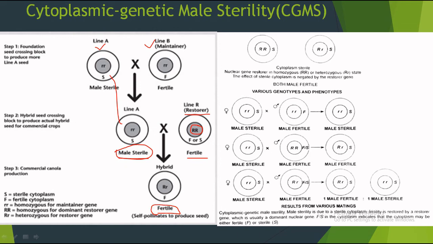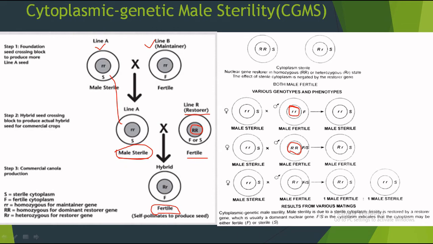Here also we can see this is again the male sterile, male fertile line. We are getting a male sterile line, but the nuclear gene is small r, so it can't restore the fertility. Here it is capital R. When there is presence of the nuclear gene, capital R or capital R small r, we should not think about whether the cytoplasm is sterile or fertile.